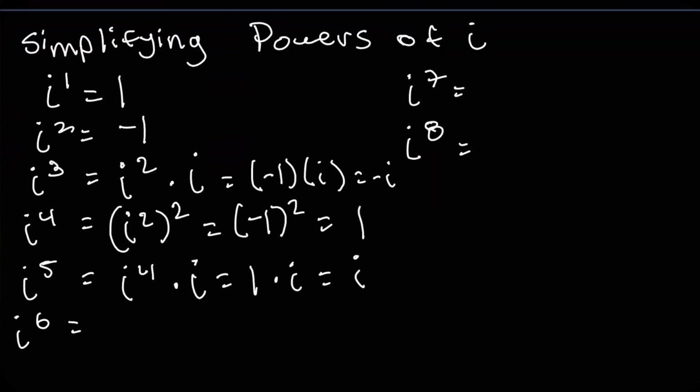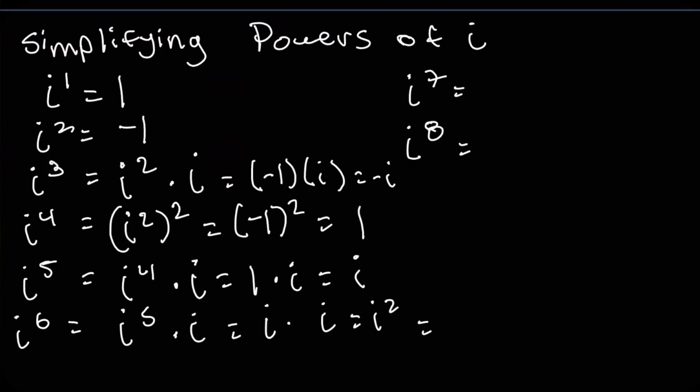And i to the sixth power, again, we can use what we've already learned. We know that i to the fifth is equal to i, so i to the fifth times i is equal to i times i, which is equal to i squared.